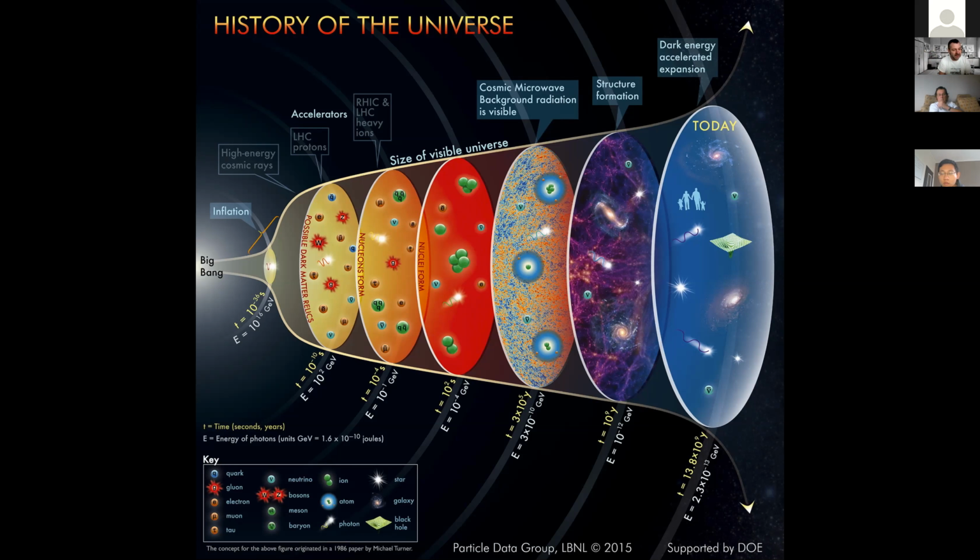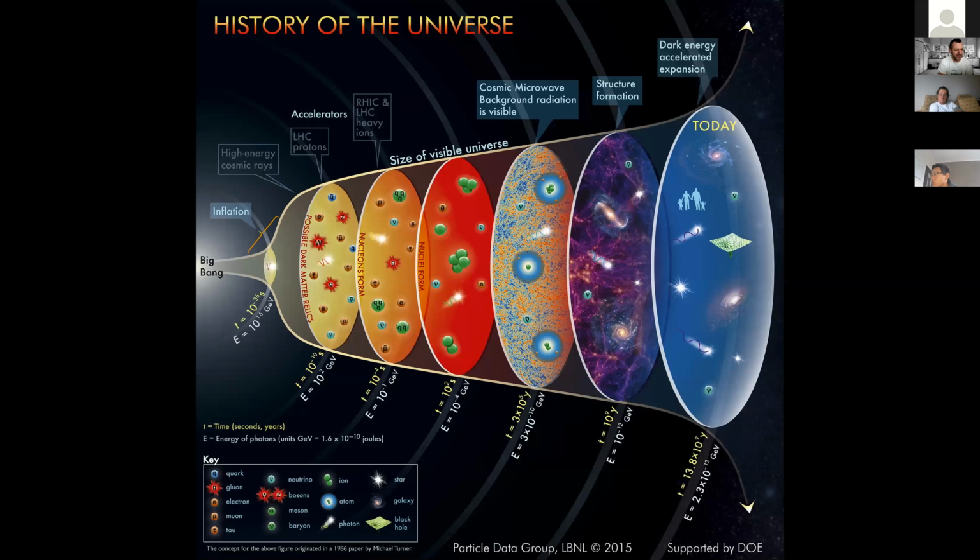I'm always amazed that in cosmology, we talk about timescales of billions of years, but also timescales of minute fractions of a second, because this is the range of physics we need to consider, and we can put together this picture of a universe evolving over roughly 14 billion years.